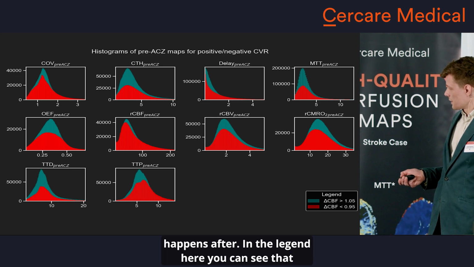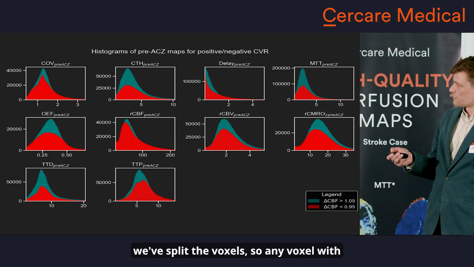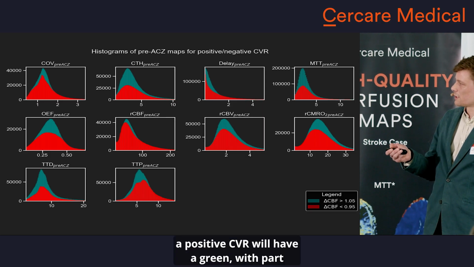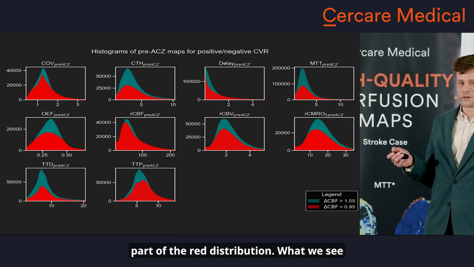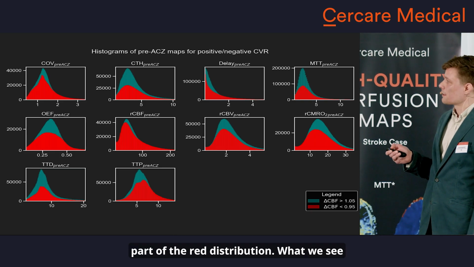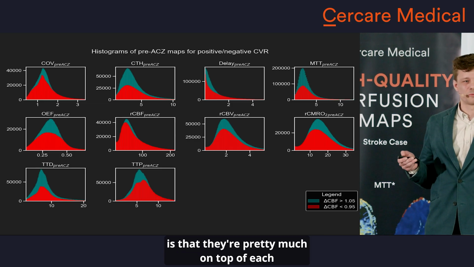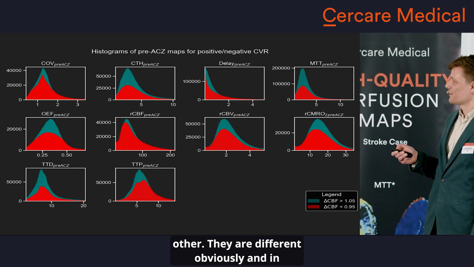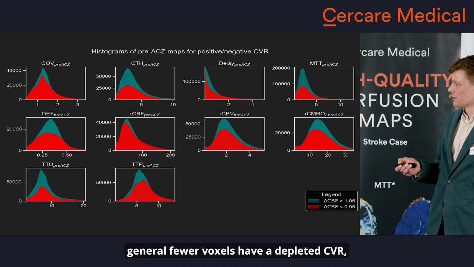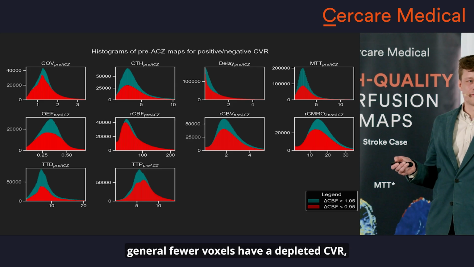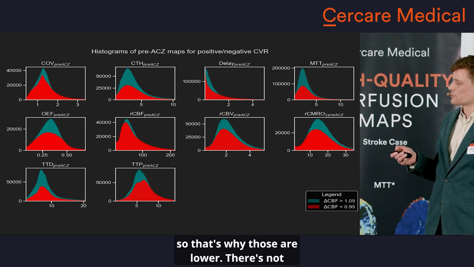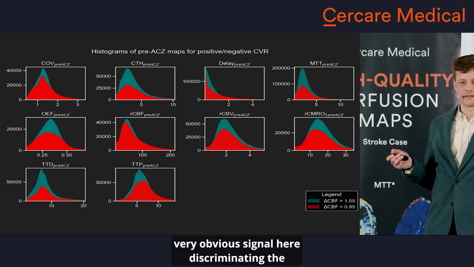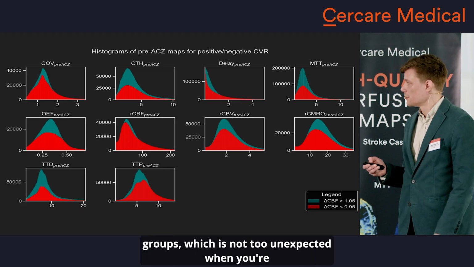So in the legend here you can see that we've split the voxels, so any voxel with a positive CVR will be part of the green distribution, and negative CVR part of the red distribution. And what we see is that they're pretty much on top of each other. They are different, obviously, and in general, fewer voxels have a depleted CVR, so that's why those are lower. But there's not a very obvious signal here discriminating the groups.